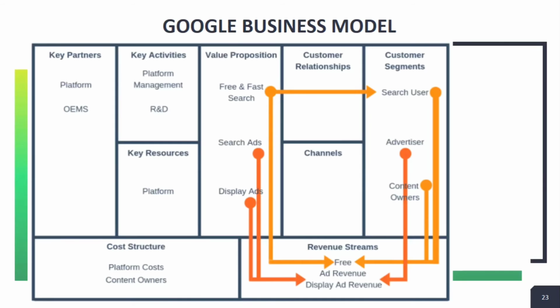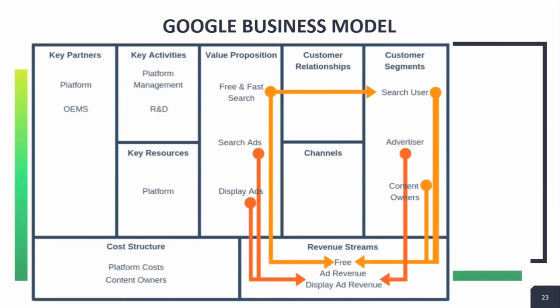Google's key partners are obviously the content owners, from whom a large part of its revenue is generated. OEMs, original equipment manufacturers, also form a key partner. OEMs are companies who produce mobile handsets, to whom Google provides its Android operating system for free.